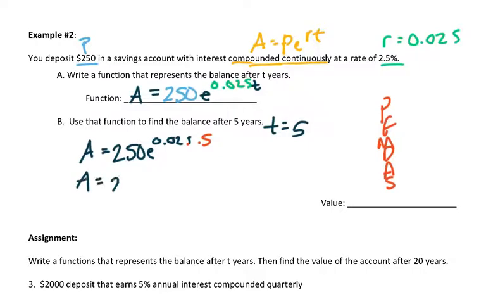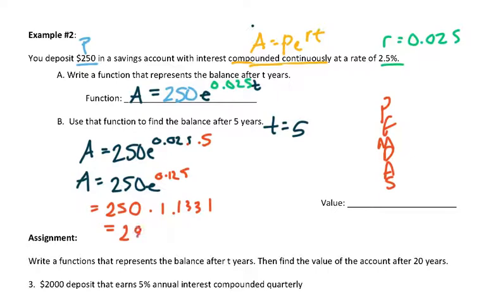So A equals 250 E to the 0.125. So E to the 0.125 is 1.1331. And so our amount is going to be that times 250.